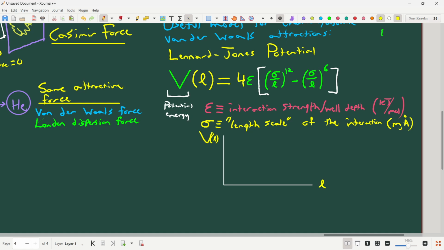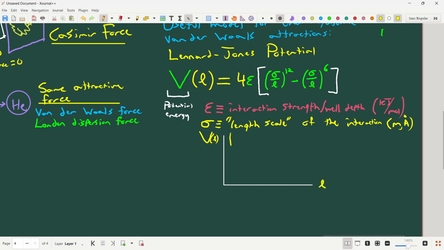Let's think about L close to 0 first. What does this curve look like at small L? Well, you've got a small number in the denominator, so sigma over L is going to be large, and you're taking it to a large power. So we have some big number to the 12th minus a big number to the 6th, so this is positive. The whole thing is positive, and it gets bigger and bigger as L gets smaller.